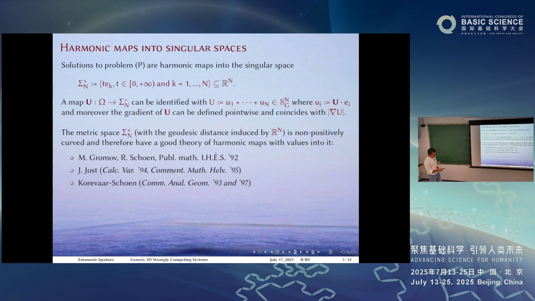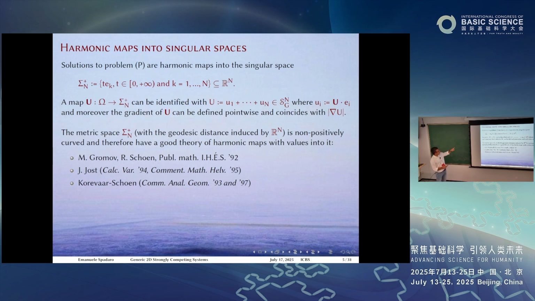In order to make a connection with what Lin was talking about this morning, and also with the previous talk, we can interpret this as a harmonic map problem too. And indeed, I think the first appearance of this problem was in this setting of harmonic maps into singular spaces.